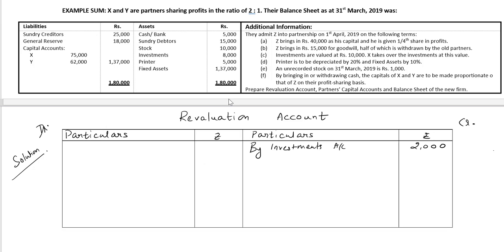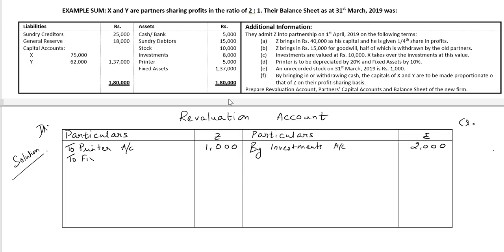Point D, printer is to be depreciated by 20%. So to printer account, 20% of 5,000 rupees is 1,000 rupees. Fixed assets is to be depreciated by 10%.